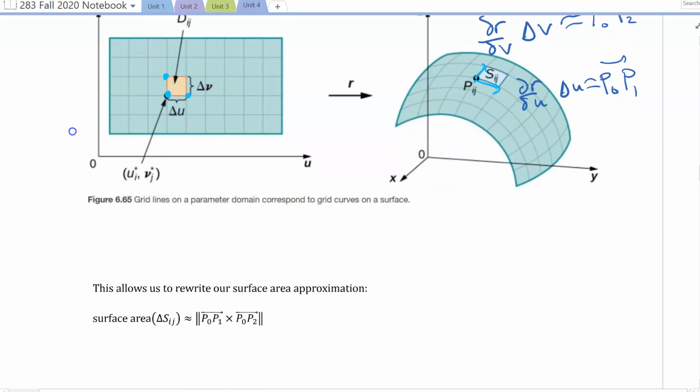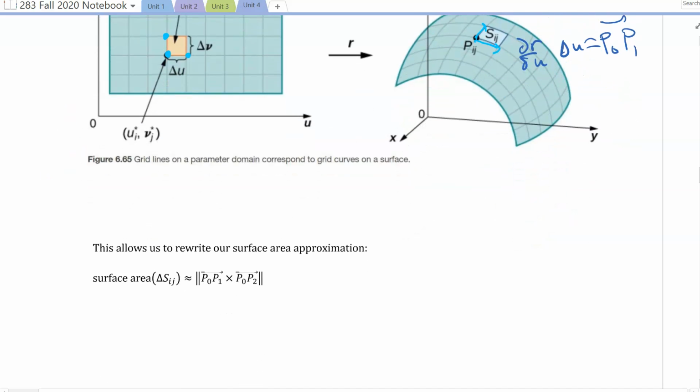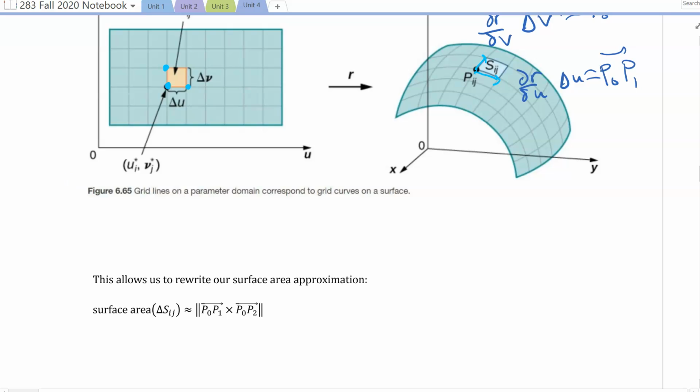All right, so now what we're going to do is write down that approximation to the surface area of the curved surface patch S sub ij. We said it's approximately equal to the area of the parallelogram determined by the vectors connecting P0 to P1 and P0 to P2. And we know from our work earlier in this semester that that's equal to the length of the cross product vector.